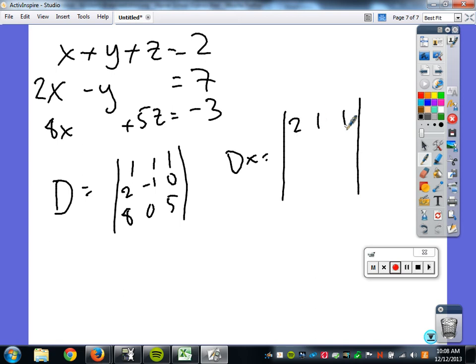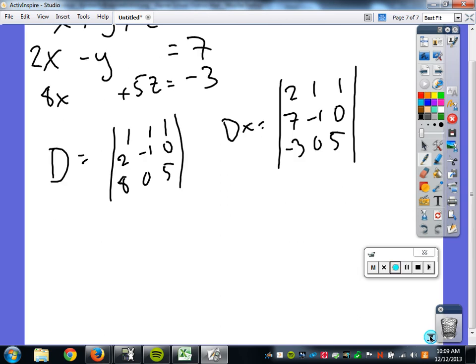Good. 7, negative 1, 0. Good. Negative 3, 0, 5. Awesome. You guys see what he did there? He replaced the x column with the answers. Notice he replaced the 1, 2, 8 with the 2, 7, and negative 3.